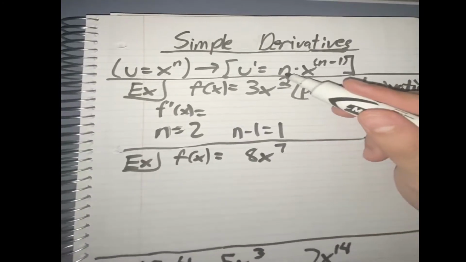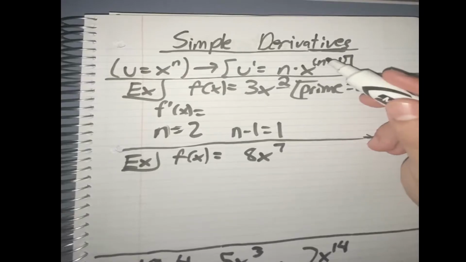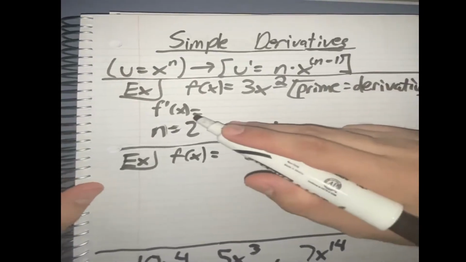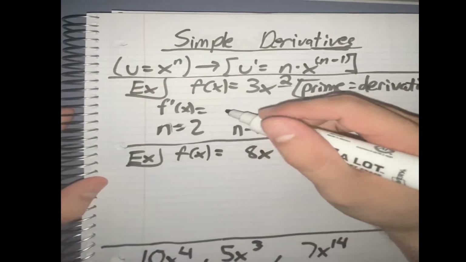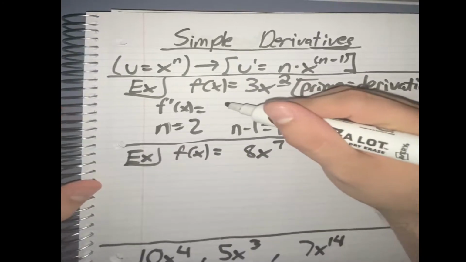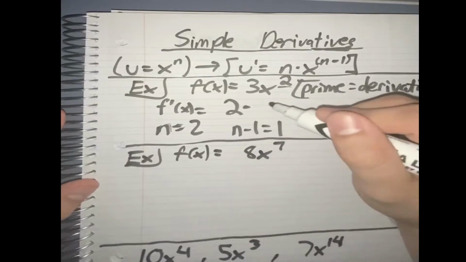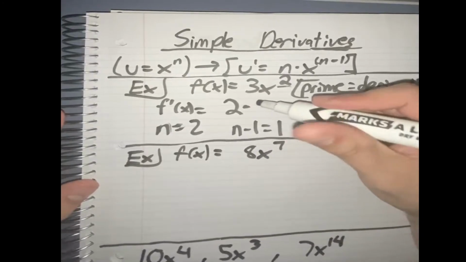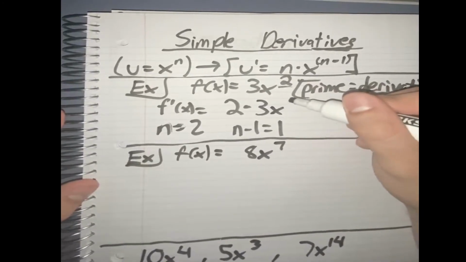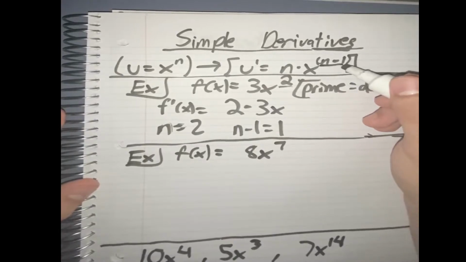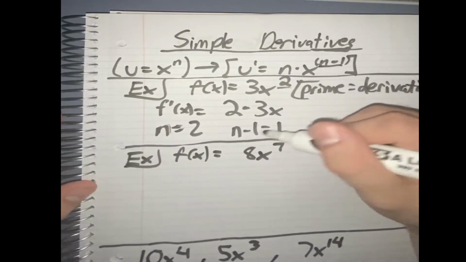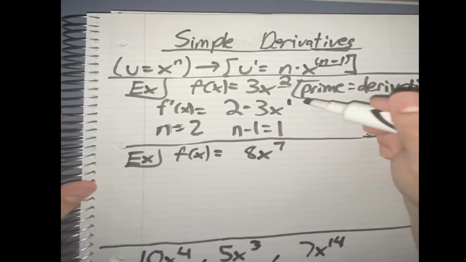Now we have a formula where we simply plug in. Our f prime of x is equal to n, which is 2, times our function 3x, and then our exponent does change because we're subtracting 1, so it's to the 1 power.